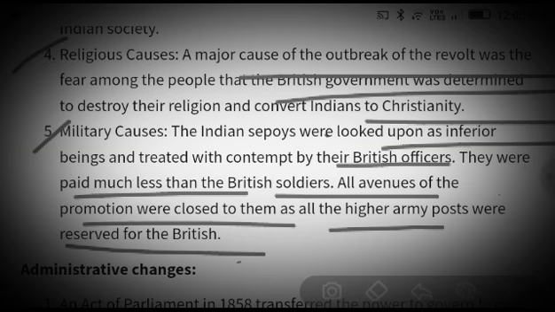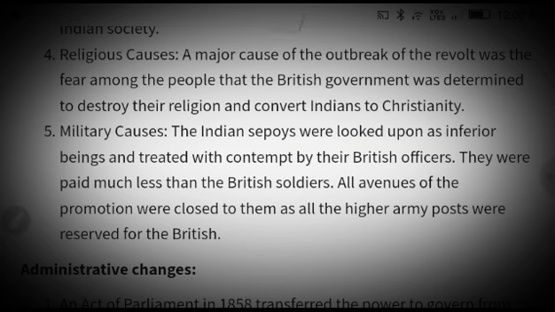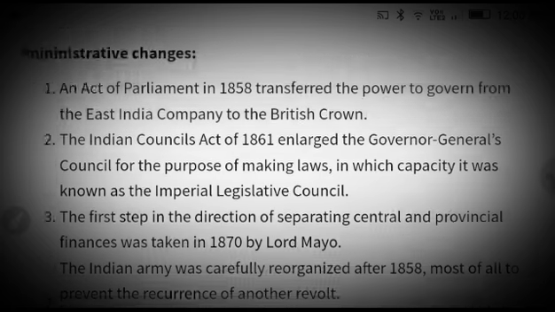So that is why the military was affected. Indian soldiers were paid much less and had no promotion. So that's why.